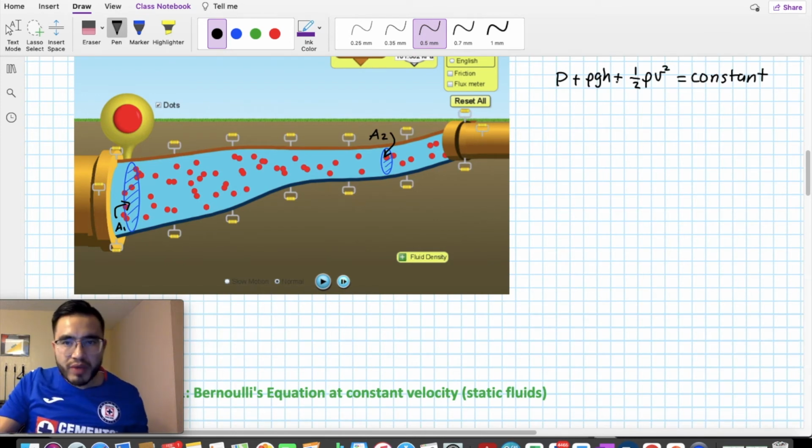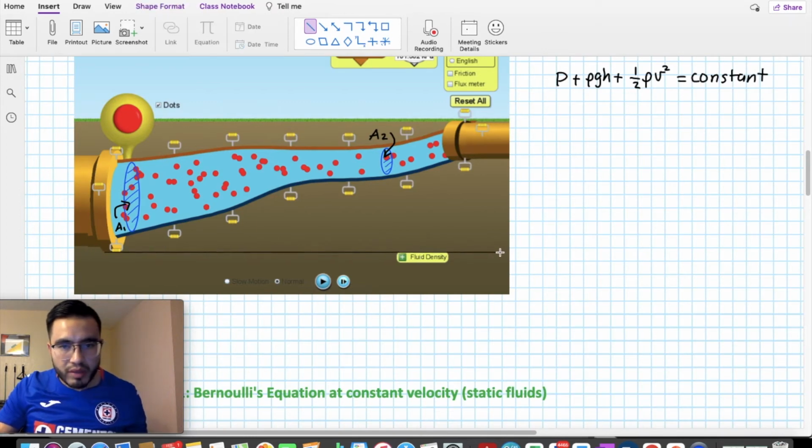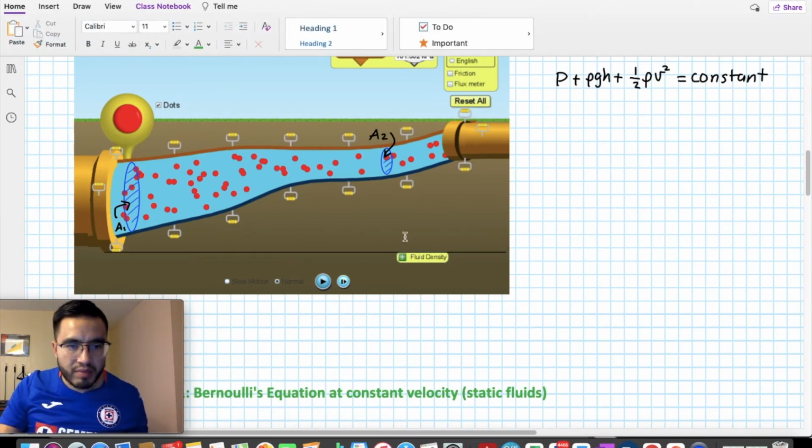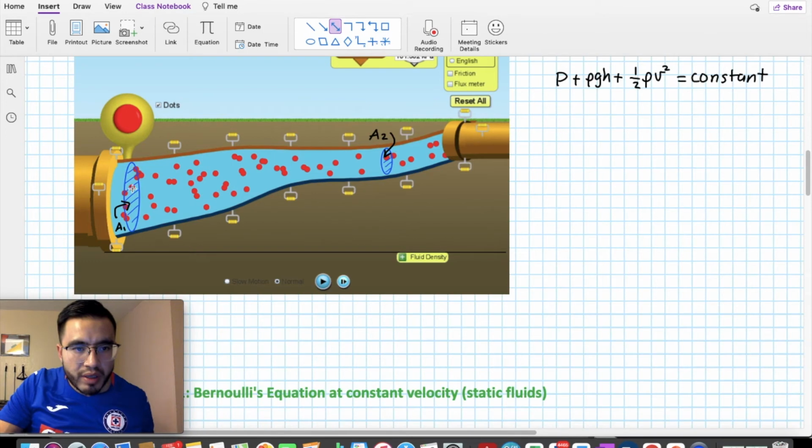And now we have to consider the height. And the cool thing is we get to pick a reference line from which the height will be decided, right? So this is my reference line, and anything going up will be an increase in height. So I'm going to pick here, from here to here.